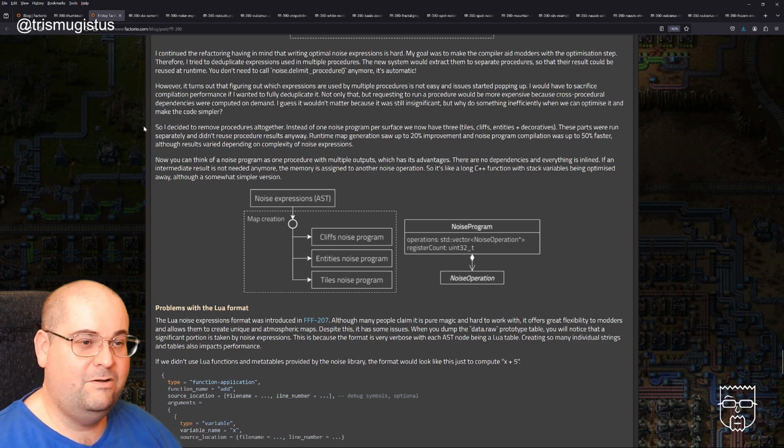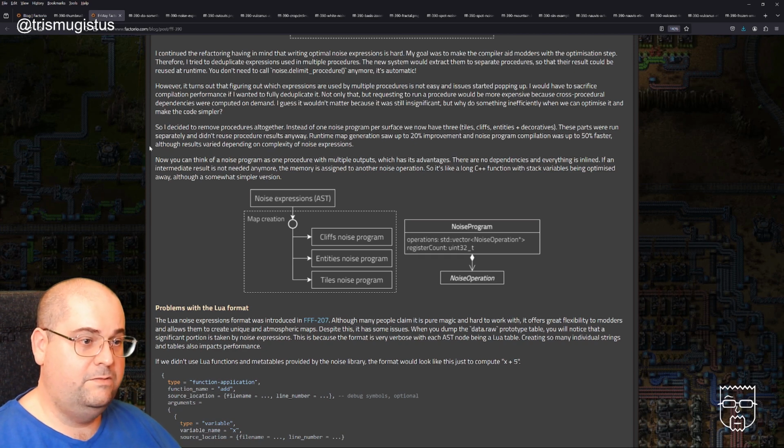So I decided to remove procedures altogether. Instead of one noise program per surface, we now have 3: tiles, cliffs, and entities plus decoratives. These parts were run separately and didn't reuse procedure results anyway. Runtime map generation saw up to 20% improvement, and noise program compilation was up to 50% faster, although results varied depending on complexity of noise expressions.